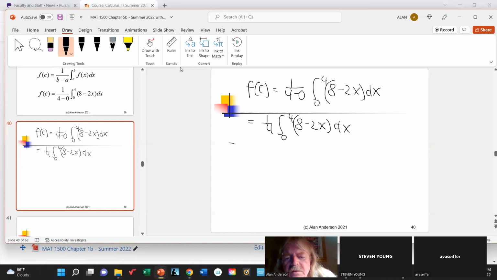Okay, so what we can do is rewrite this. Actually, the 8 can go on the outside. We can just have 8 dx.